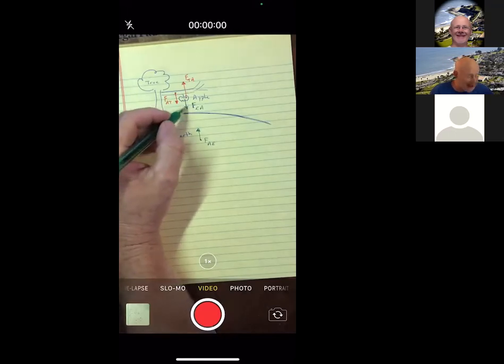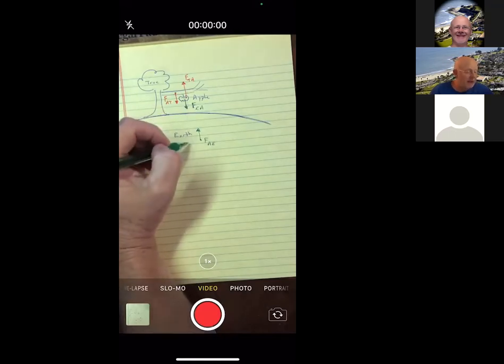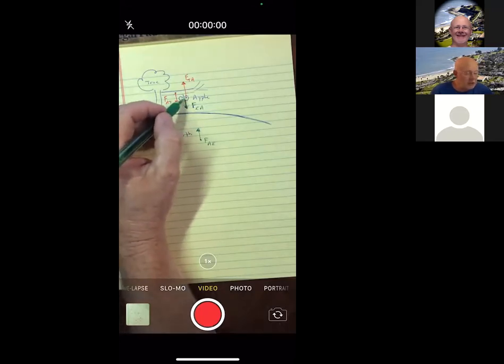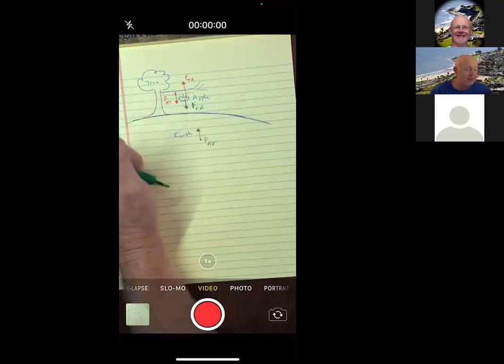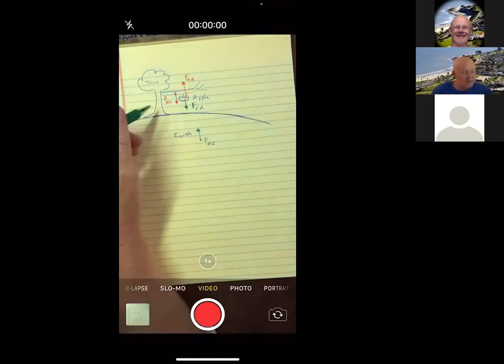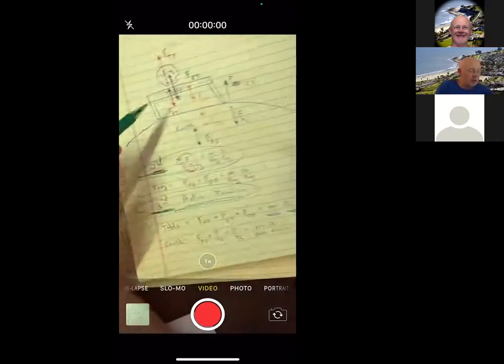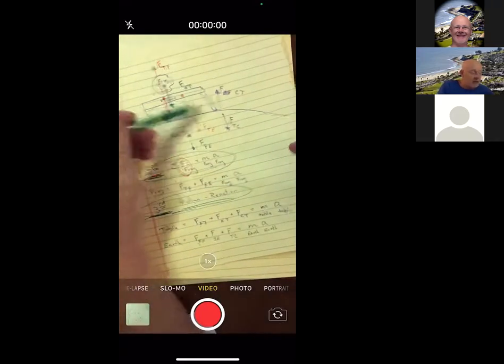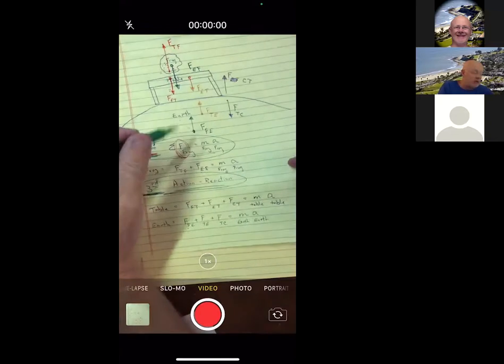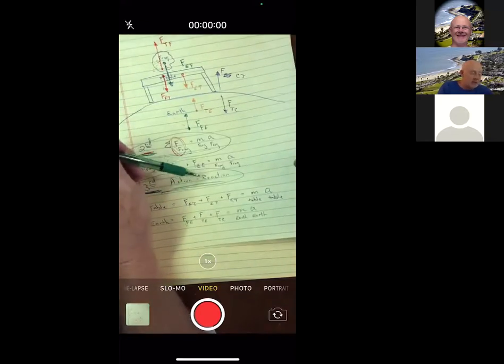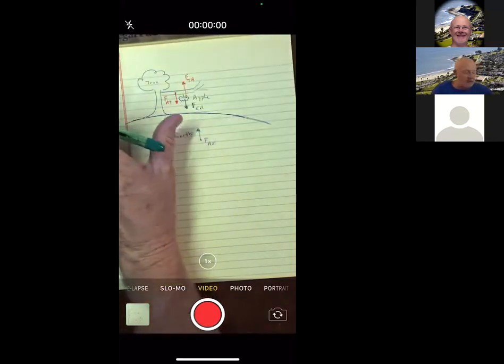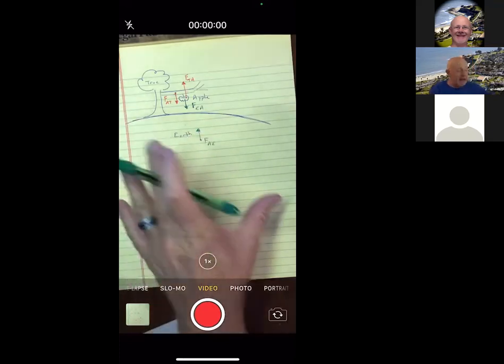It is pulling down on the apple and up on the earth. These two right here are each on the apple. There would also be forces between the tree and the earth, but that's where it gets complicated, and I don't think we need to include all that. I was including it here to try to help you, but I'm going to stay away from it on the second one and come to the question.